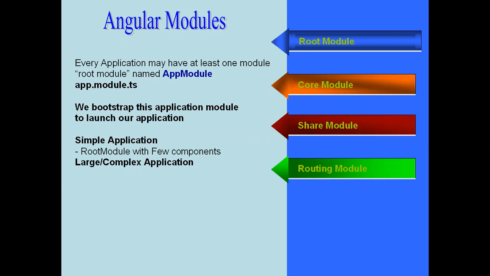So there will be only a root module in a simple application with a few components. Components, I think you are all aware about it. What are components? Means pages. And large and complex means there will be a root module with a few other feature modules, and all the feature modules will be imported into the root module.